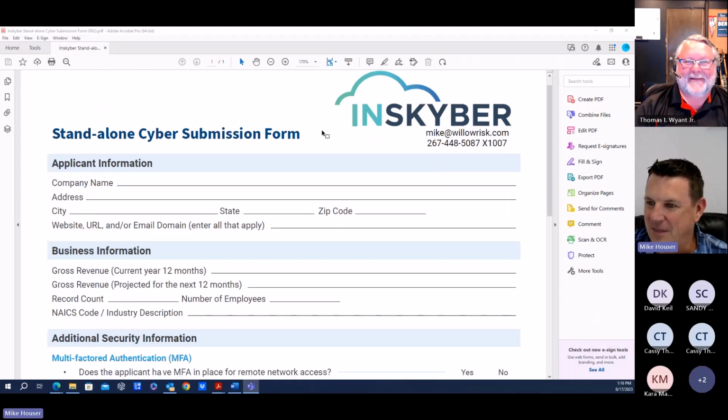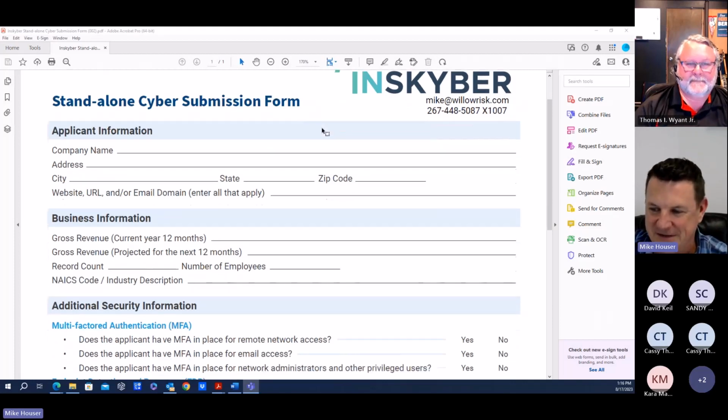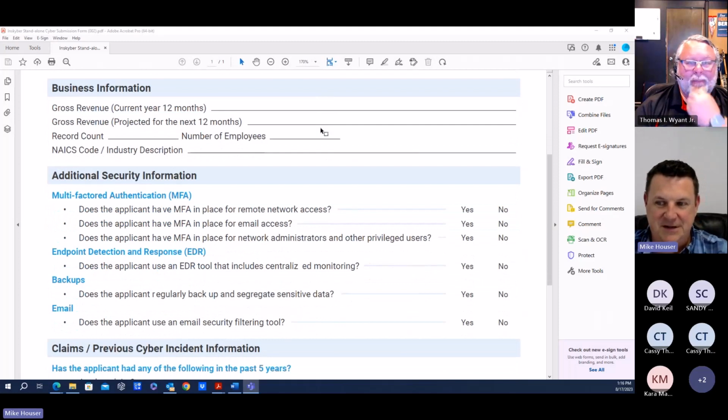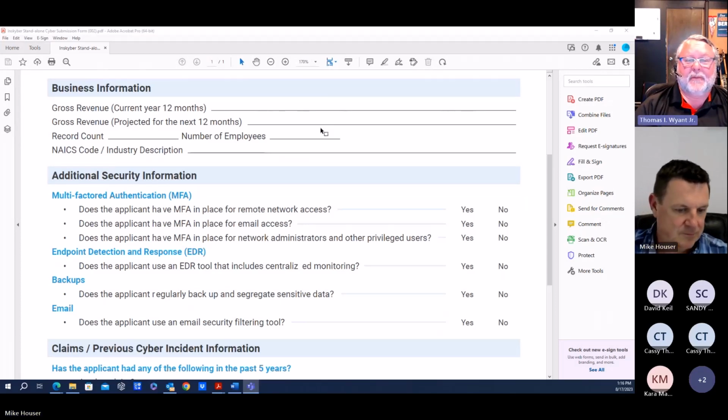So this more or less has the company name, gross revenues, record counts, employees and all that obvious information. But as far as the security information, that has endpoint detection and MFA, and it's asking for MFA for network administrators and privileged users, which is awesome. Not necessarily for regular users logging into their desktops.